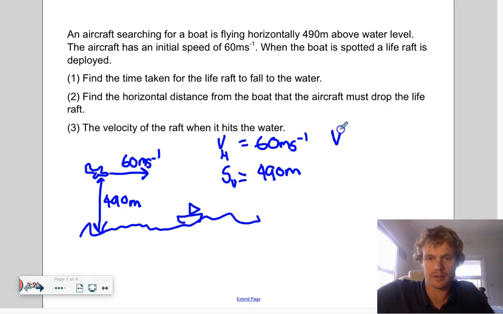So I can call my vertical initial velocity V0, 0 meaning at time 0, so initially. The velocity at time 0 in the vertical direction is going to be equal to 0 meters per second.